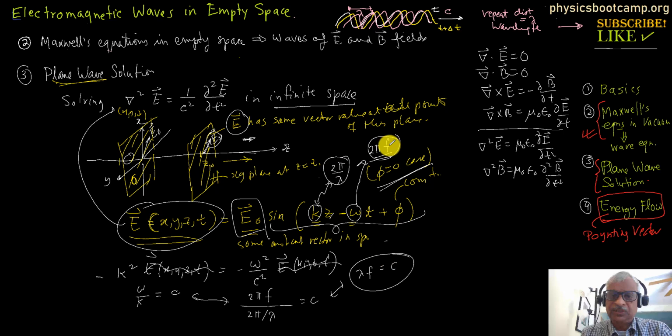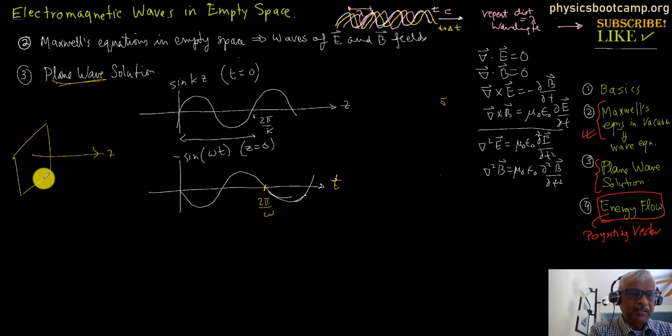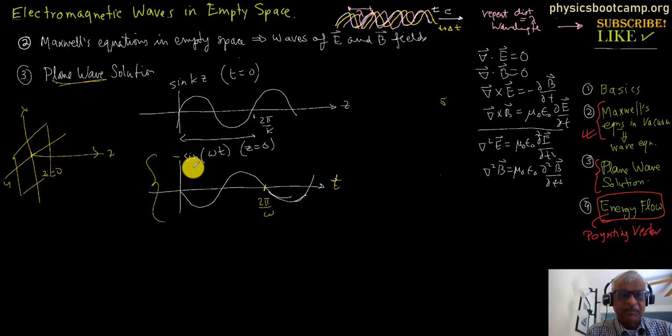Now let's look at what these waves are and why this has to be that. Looking at the z equal to 0 plane, x and y here, you're going to get sine of minus omega t, which is minus sine omega t.